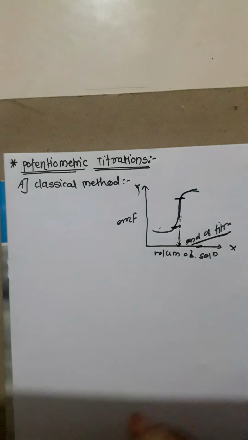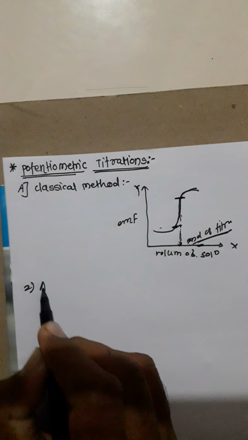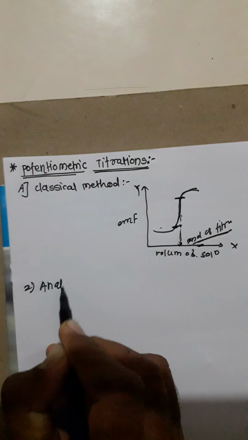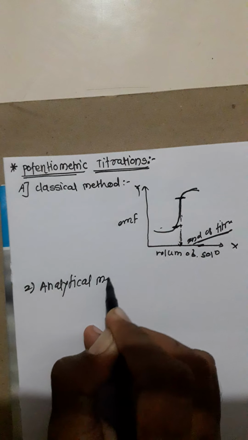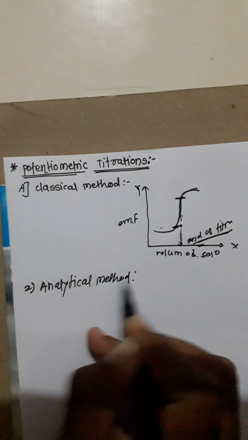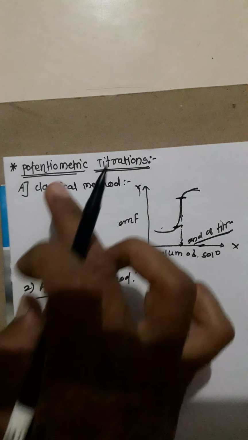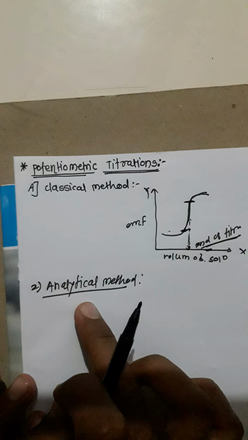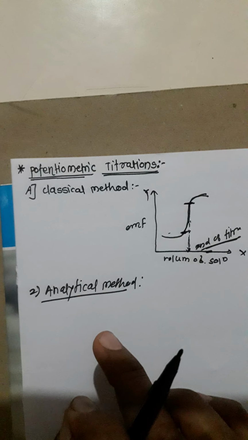And the second one is the analytical method. The second method is to use the analytical method to determine the end point of titration. Of both methods, the analytical method is the correct method to determine the exact end point.